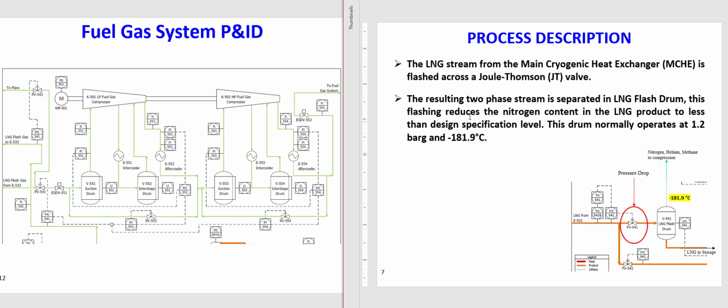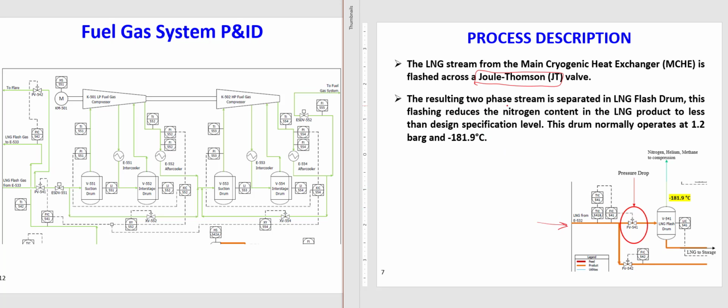Okay, so the LNG stream from the main cryogenic heat exchanger is flashed across a Joule-Thomson valve. This valve here is a Joule-Thomson valve, where the pressure will decrease significantly, and at the same time the temperature decreases from minus 140 to minus 180.